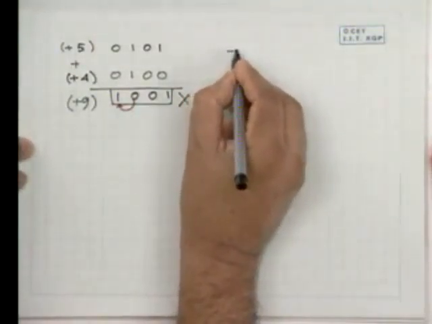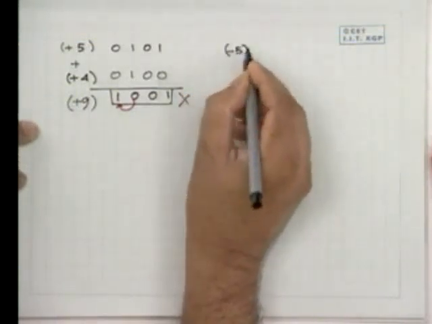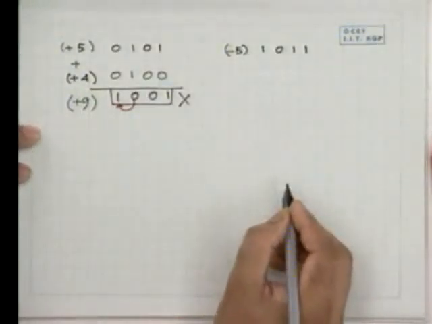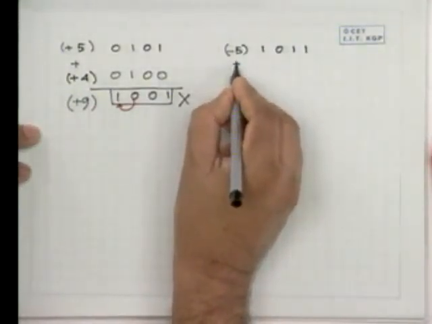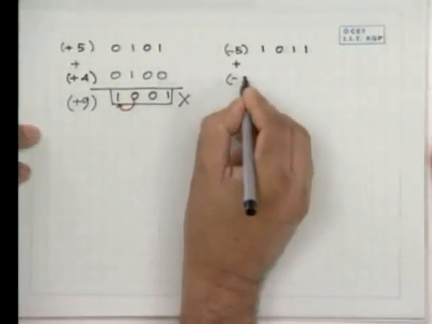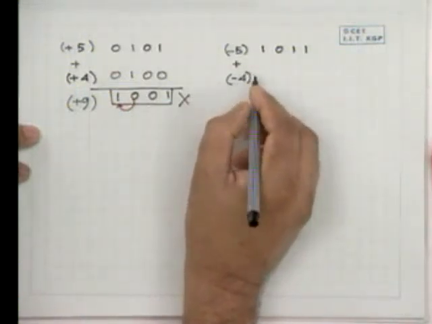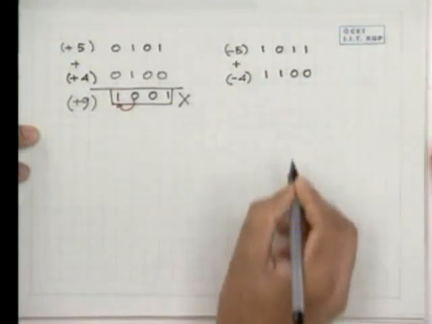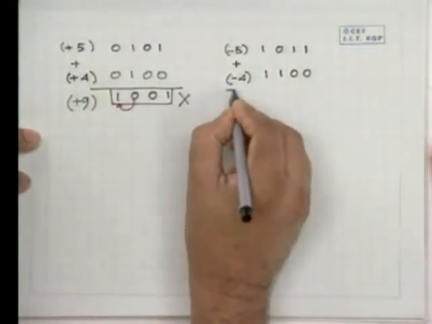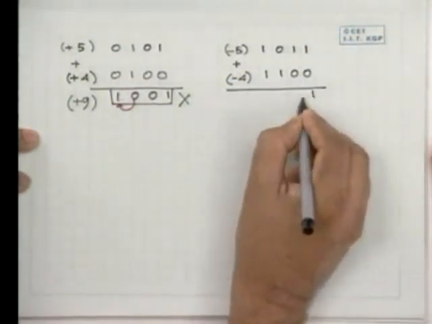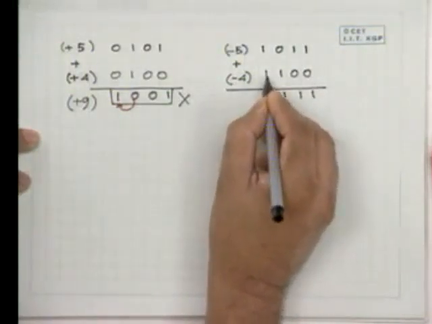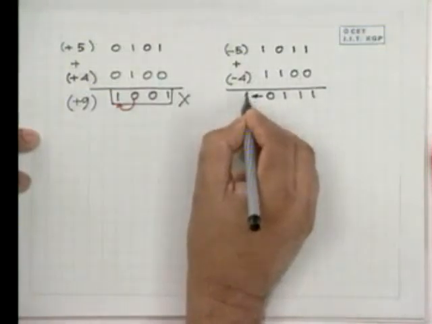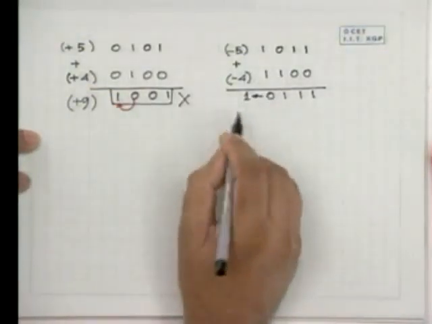Okay. Let us take another example. Say we take minus 5, which is 1, 0, 1, 1 in 2's complement. Say we want to add it with minus 4, that is 1, 1, 0, 0, and if we add now, we get the result 1, 1, 1, 0 and a 1 emerges out of the most significant bit.